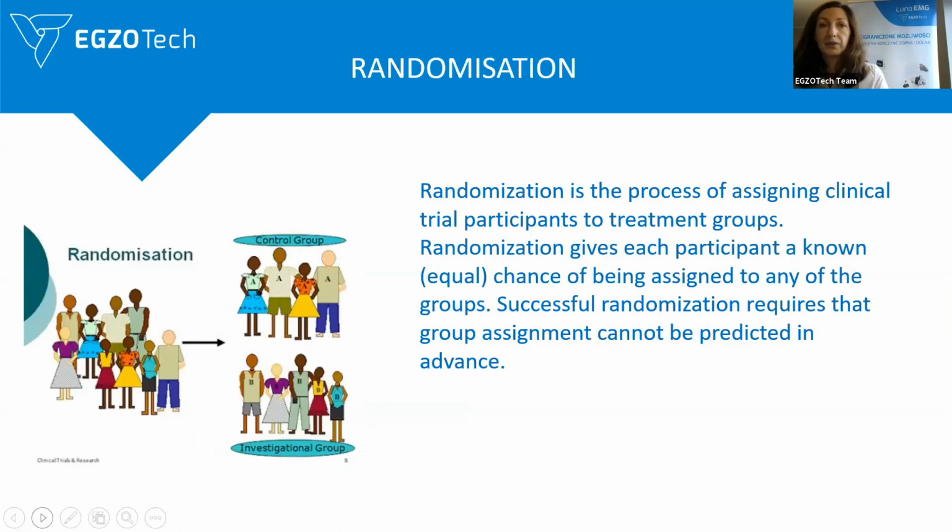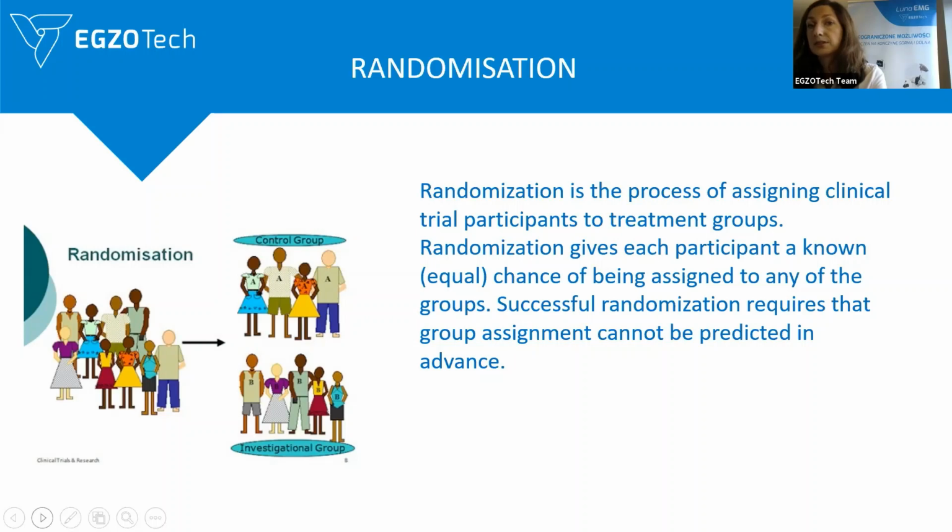Randomization. When we talk about assigning people to a research group for a research study, we need to talk a little bit about randomization. Randomization is the process of assigning clinical trial participants to the treatment groups.